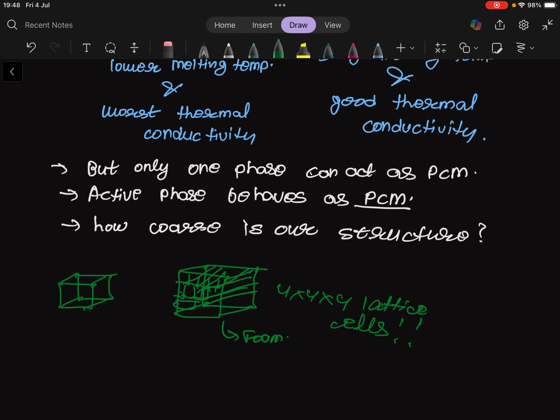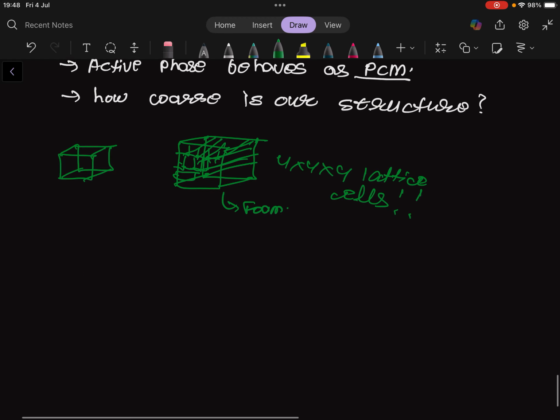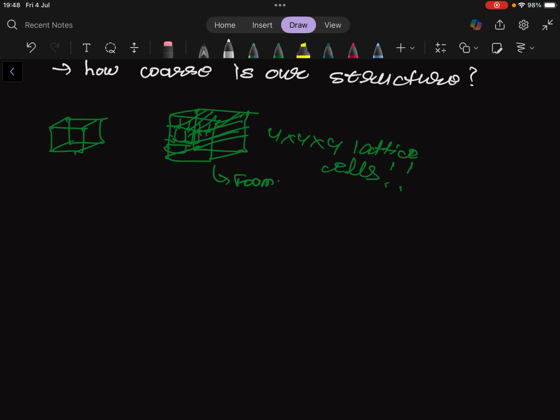So as an example of composite PCM, we can look at some particular kinds of alloys that are immiscible alloys. Various research has used alloys having a miscibility gap.